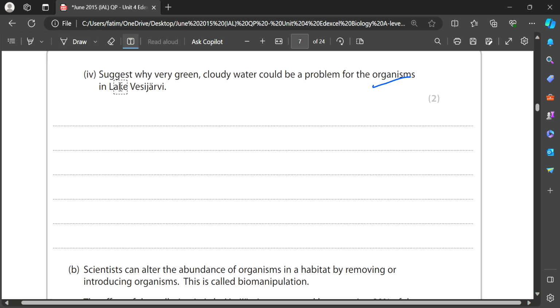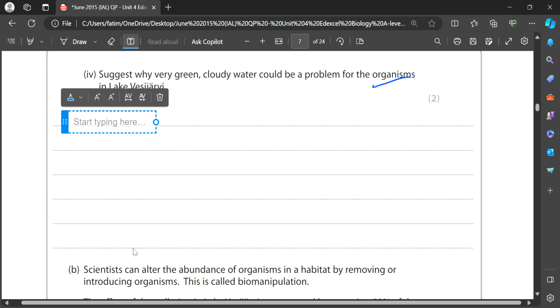So my chain of reasoning would be that because it's green cloudy water, plants that are living inside the lake need light to photosynthesize, and because it's green and cloudy, there will be less light for photosynthesis, and that means that it's going to hinder their growth. And since there's fewer plants, that would mean that there's less food for other organisms as well. Because they're all related, it's an ecosystem, and that's why it's going to be a problem for organisms overall in Lake Vesijärvi.